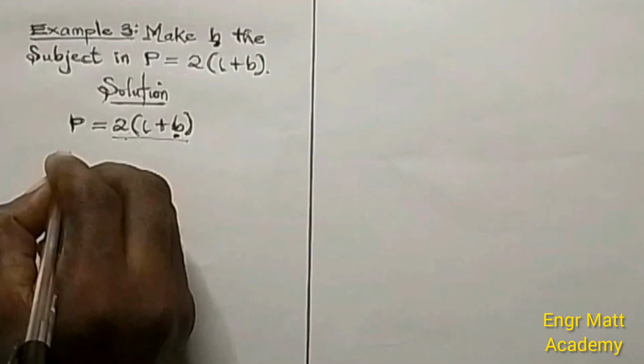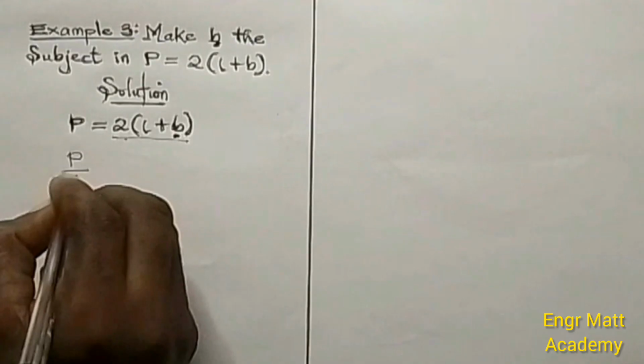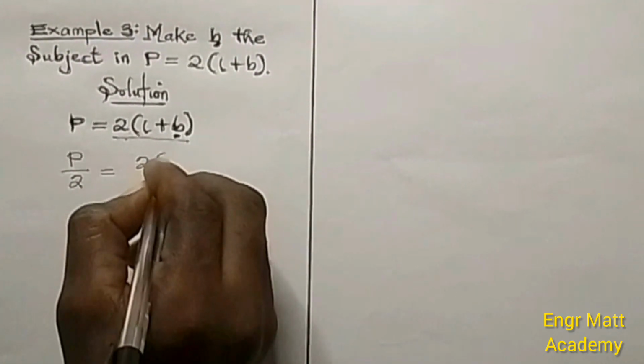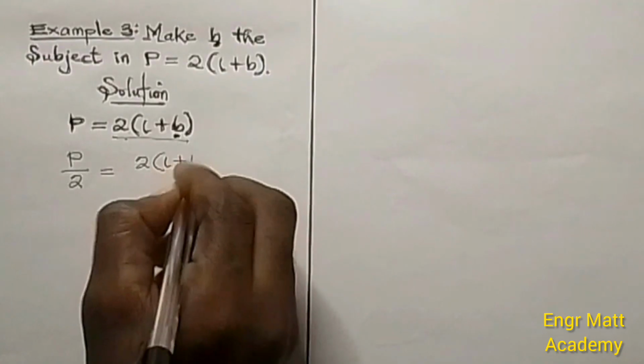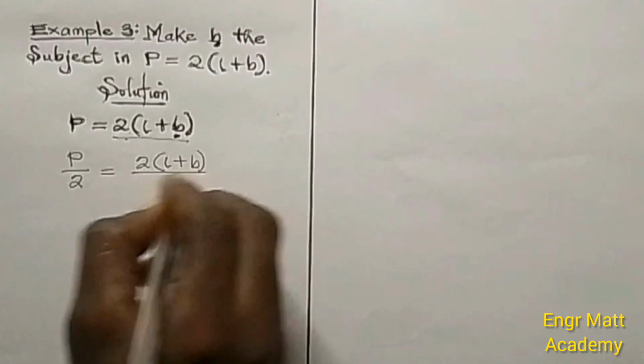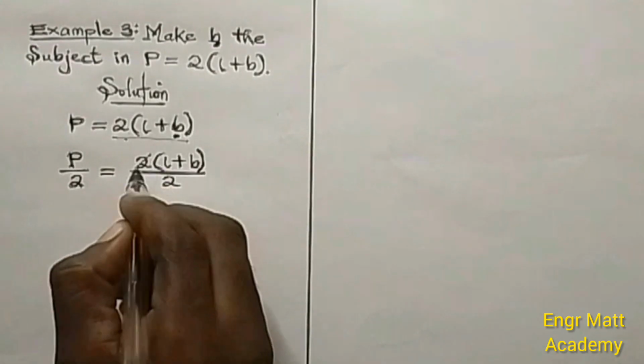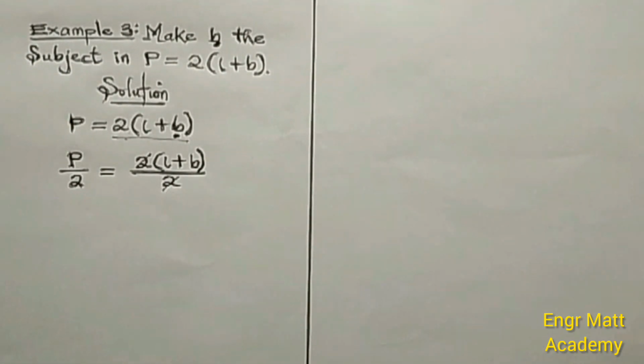That is, P divided by 2 is equal to 2 into L plus B divided by 2. Having done that, 2 will cancel out 2 on the right hand side.